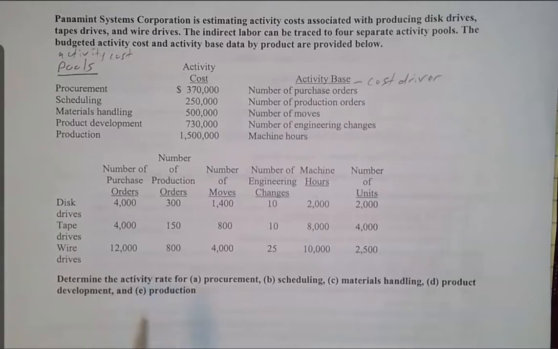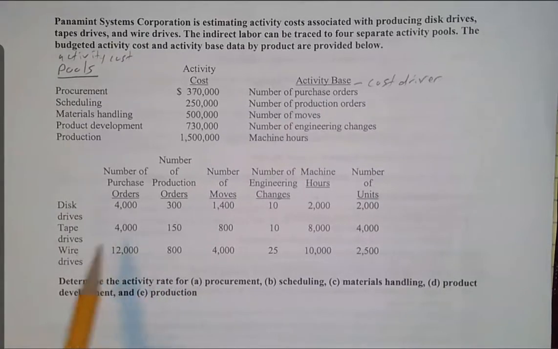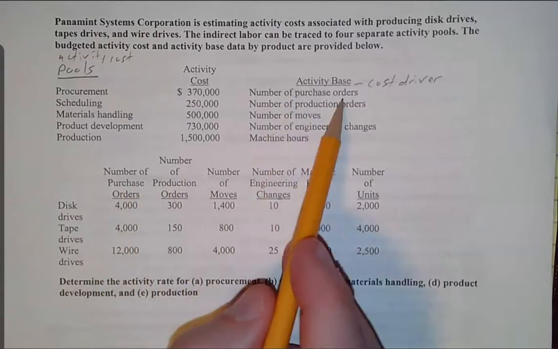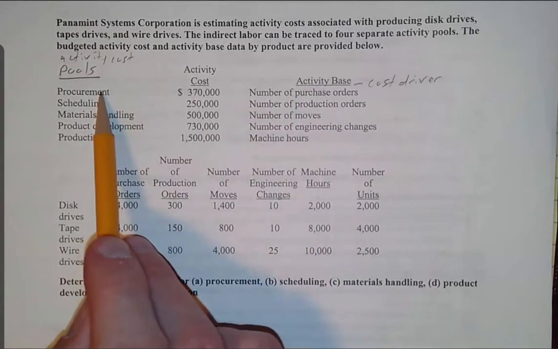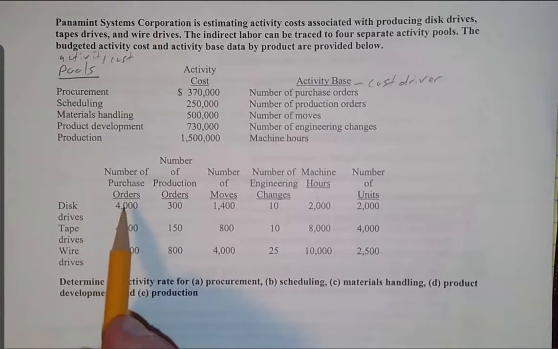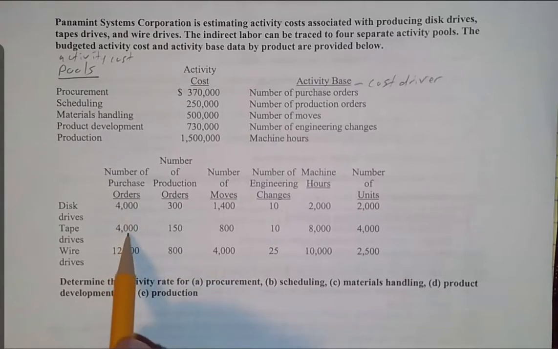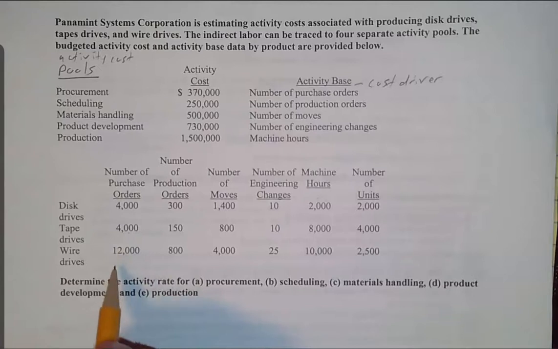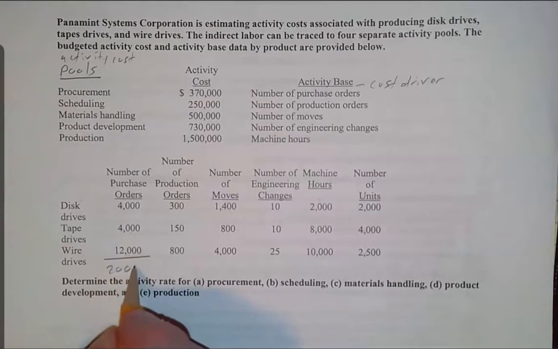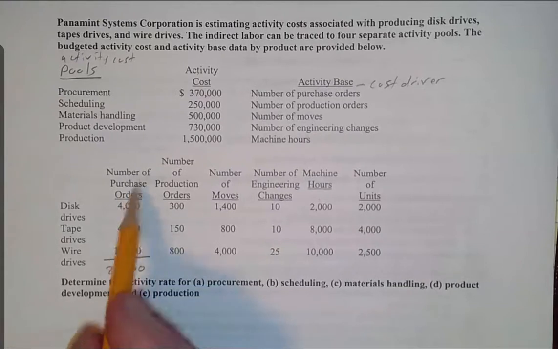So let's just see what we have here. Number of purchase orders is the cost driver for procurement, and that activity cost is $370,000. So all we have to do here is add 4,000 plus 4,000 plus 12,000, and if we do that, we're going to come up with 20,000 purchase orders.